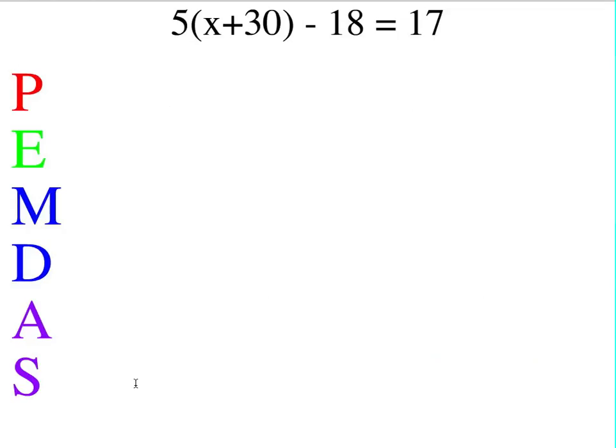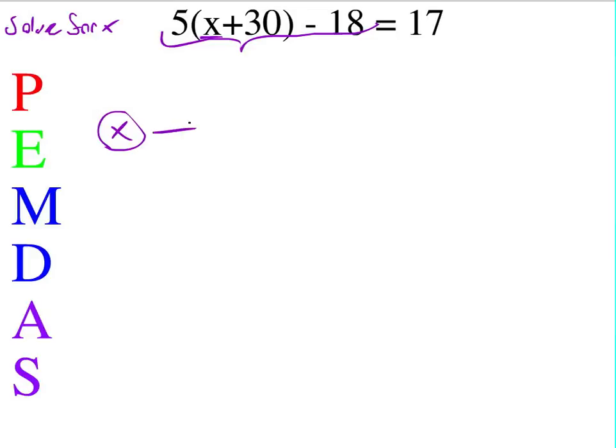Now let's take a look at an example where we're going to solve for x using the undoing method. The first step is to identify the variable. Here the instructions don't say, but it is to solve for x. So the variable is x. The second step is to create a flowchart to build the equation around the variable. We're going to start with x, and go through the process of how we get from x to this expression here.